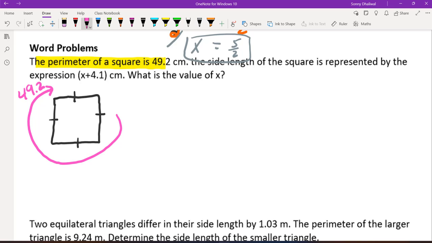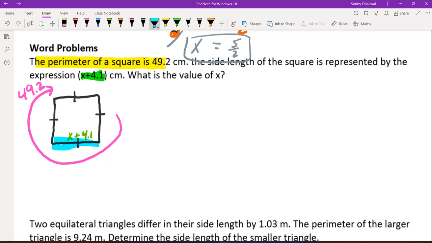And it says the length of the square is represented by this formula here. So a side is x plus 4.1. And the question is asking us, how big is x? So what we really need to do is figure out how big the sides are. Then we can figure out how big x is.